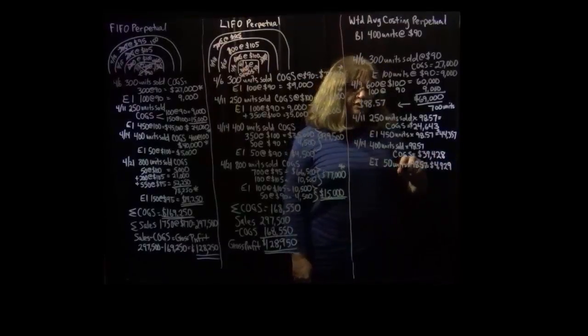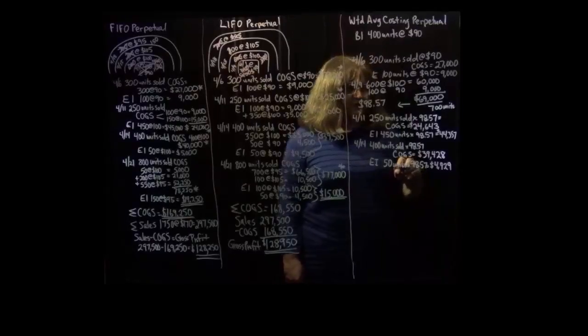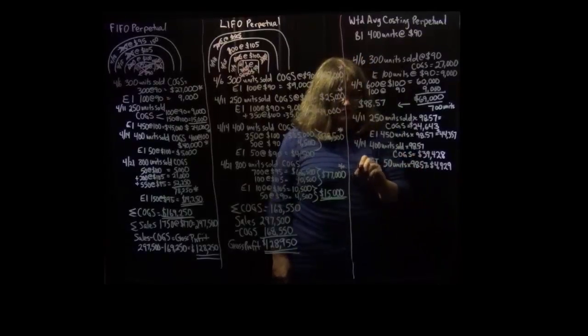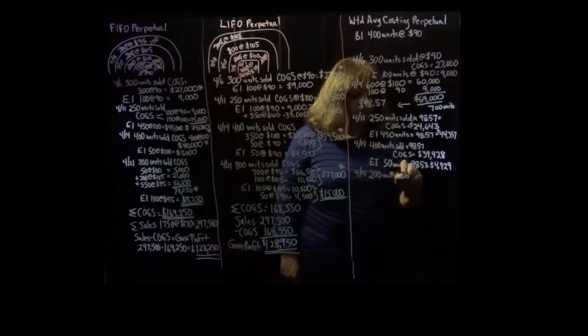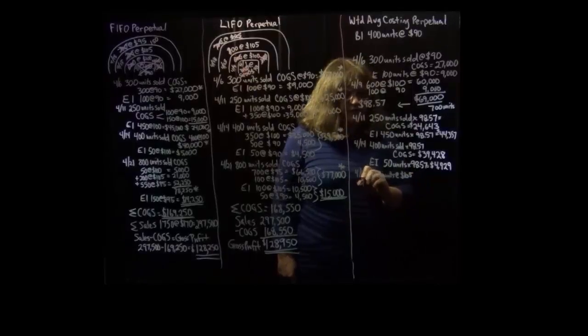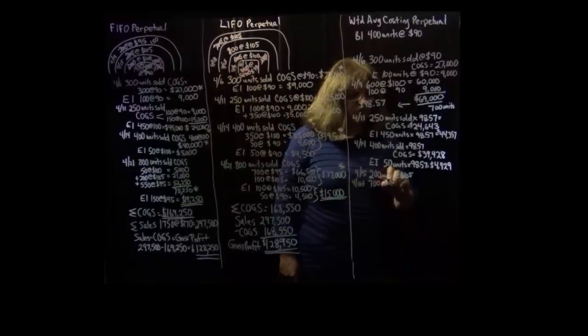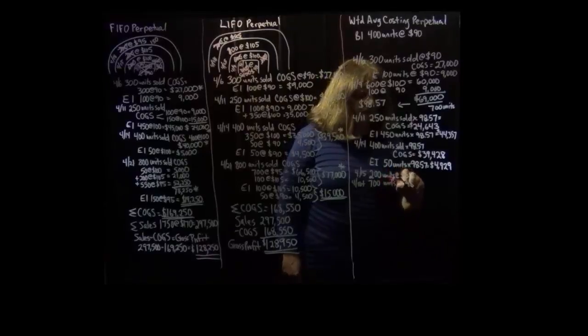Next, we buy some more inventory. So on the 15th, we buy 200 more units at $105. Plus we buy on the 18th another 700 units at $95.